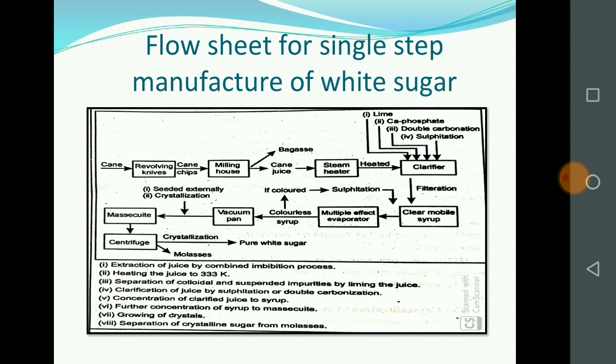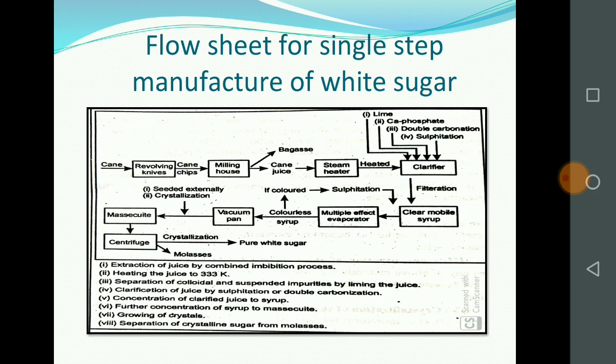Now we see the flow sheet for single step manufacture of white sugar. In our country, white sugar is manufactured in a single step process without producing raw sugar.